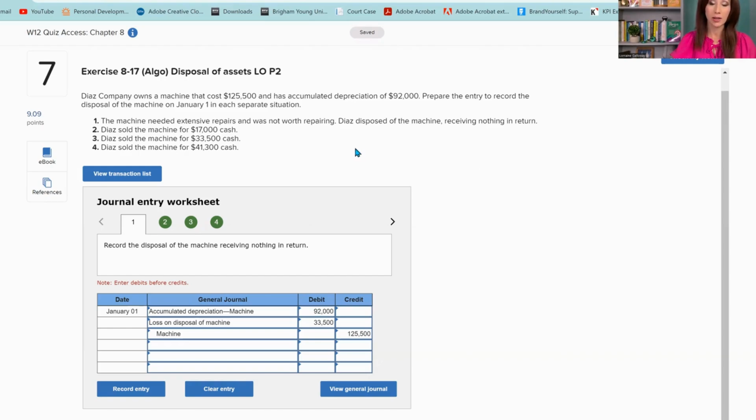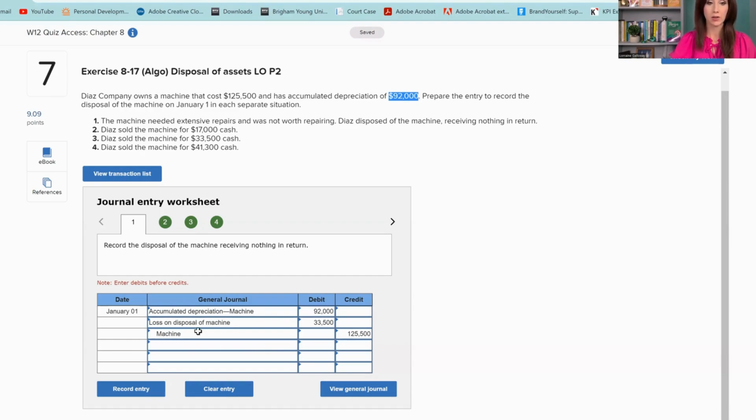So what I am looking at is 1 through 4, how to do the journal entry properly, and if there's going to be a gain or loss or a break-even point. So the first thing that I'm going to use that I know is I'm going to debit the accumulated depreciation of the machine, which they gave me up here as $92,000. Then I'm going to leave the blank because I don't know if I have a loss.